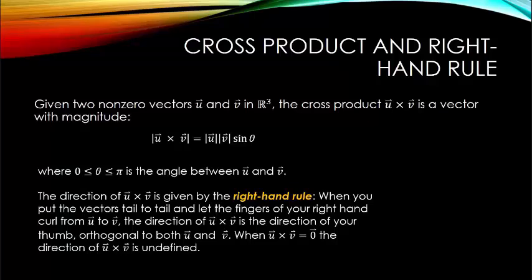So the right-hand rule is simply represented by putting the fingers of the right hand in the direction of the first vector, u, then curl the fingers so that they point in the direction of the vector v, and the thumb sticking out from the palm is pointed in the direction of the cross product.